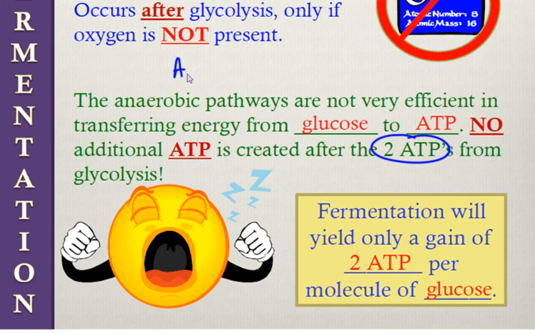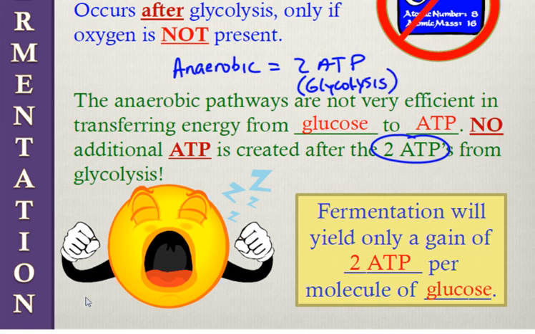So anaerobic only gives you 2 ATP, and that's the 2 ATP from glycolysis. And that is it. Period. 1 glucose, 2 ATP versus aerobic, 1 glucose, 38 ATP. Not very good in comparison.